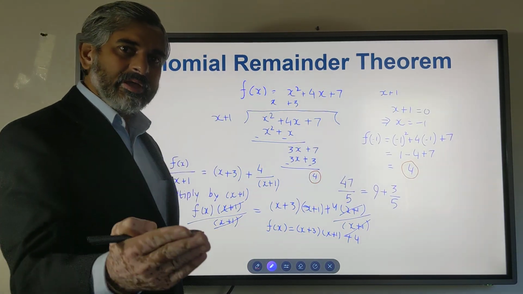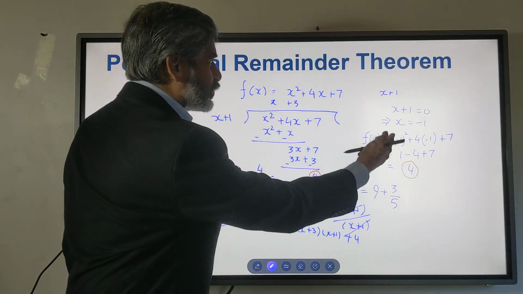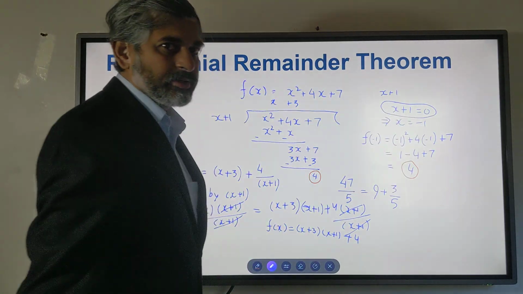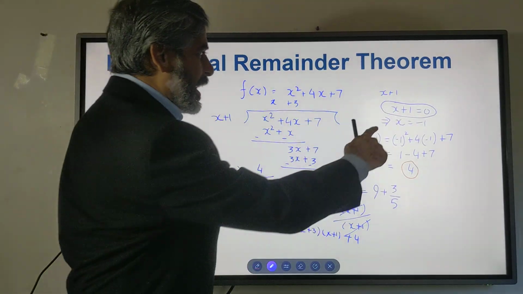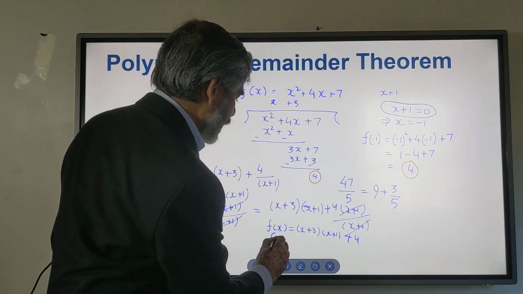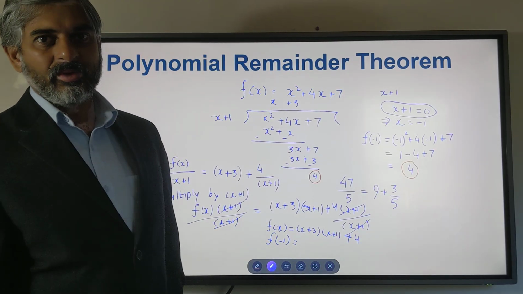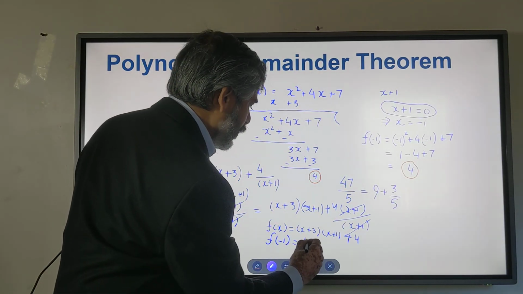Now all you do is, in place of x, write minus 1. You substitute x plus 1 equal to 0 in this equation. If x plus 1 is equal to 0, then x equal to minus 1. So I can write f of minus 1. This term becomes 0 because x plus 1 is 0 and the remainder is 4.